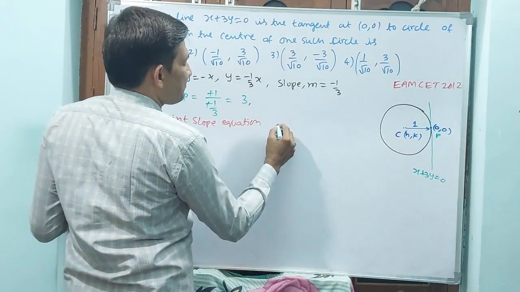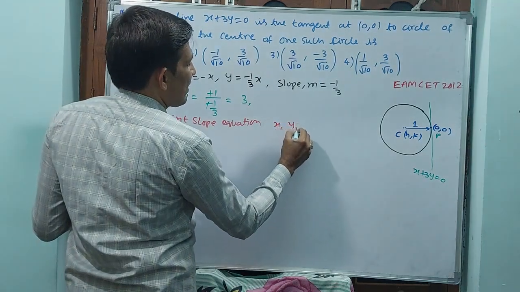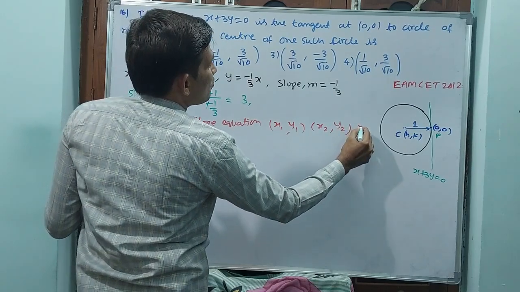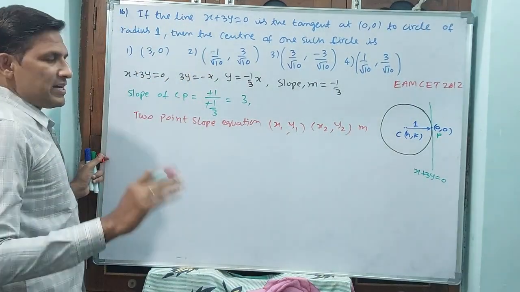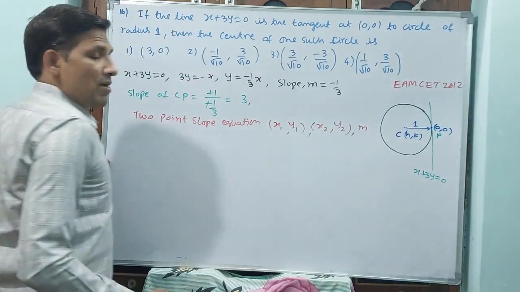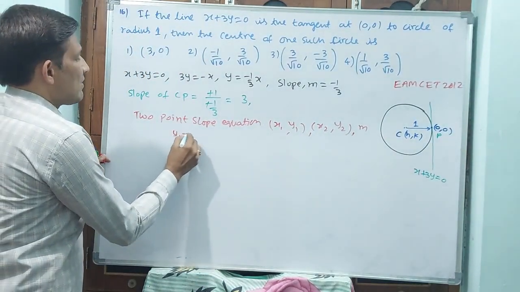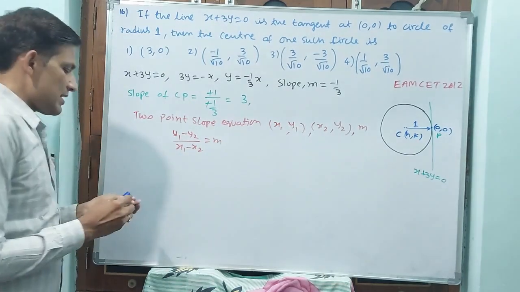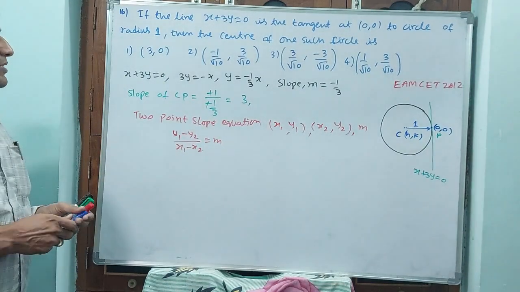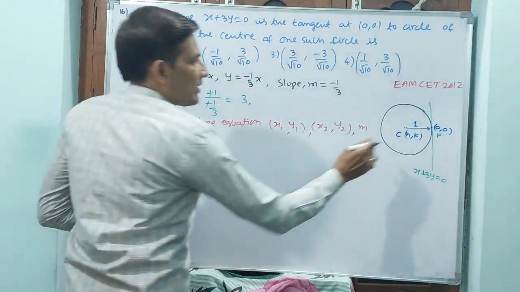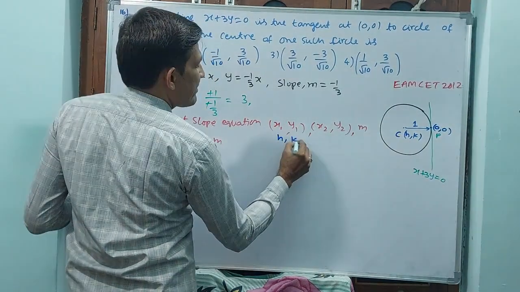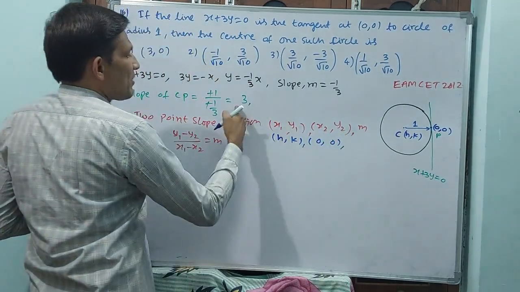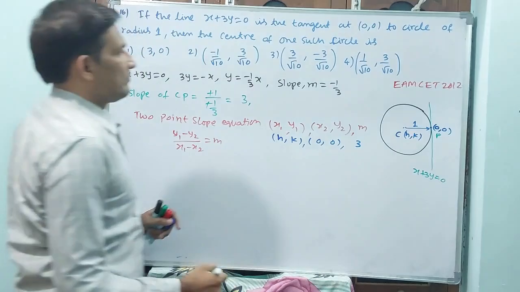With points (x1, y1), (x2, y2) and slope m, the equation is (y1 minus y2) by (x1 minus x2) is equal to slope. Now simply substitute. What are the points? (h, k) is a point, (0, 0) also is a point. Slope is how much? 3. You take 3.